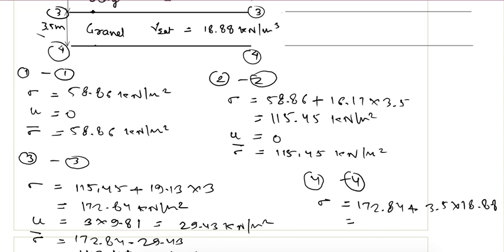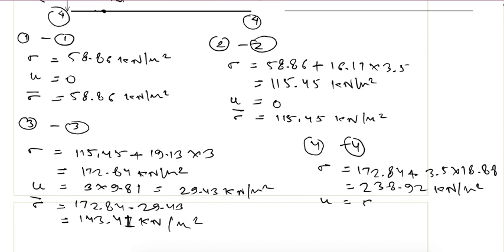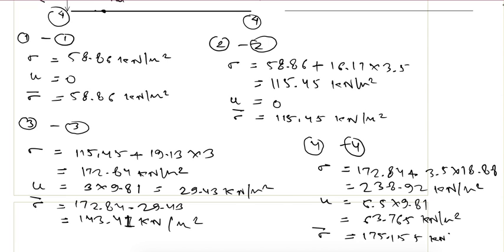It is equal to 238.92 kilonewton per meter square, and U is equal to, the depth of water at this point will be 3.5 plus 3, that is 6.5, 6.5 into 9.81, so it is equal to 63.765 kilonewton per meter square. From here effective stress is equal to 175.155 kilonewton per meter square.